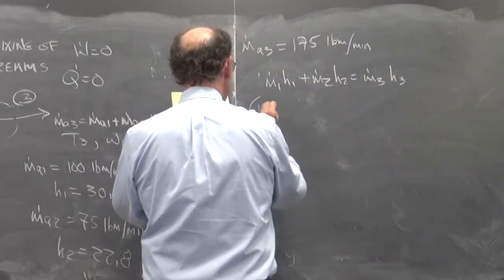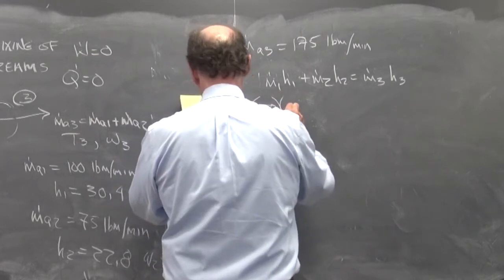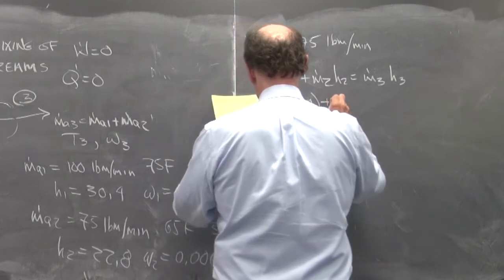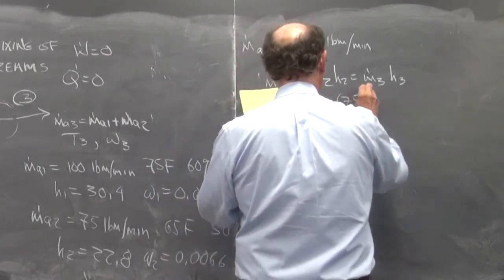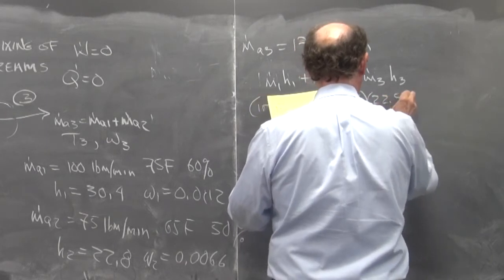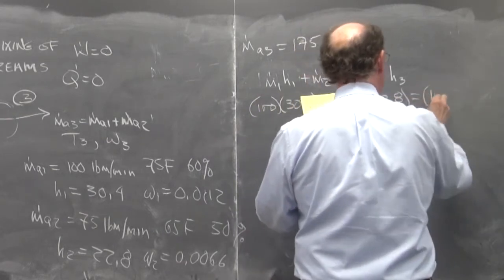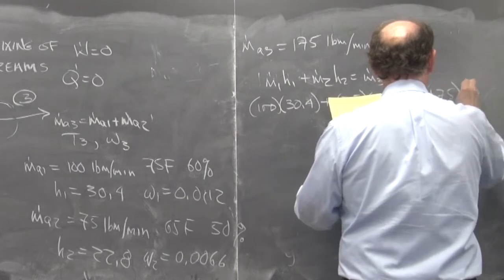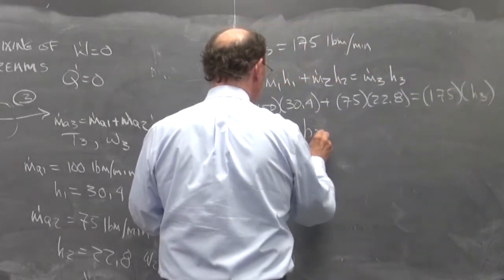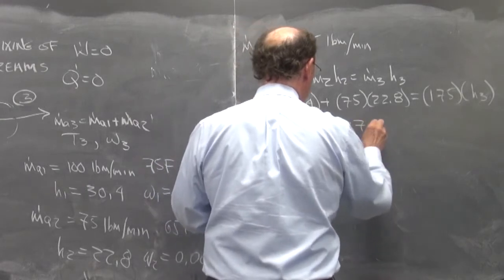And so I have 100 times 30.4 plus 75 times 22.8 is equal to 175 times H3. And we get that H3 is 27.1.